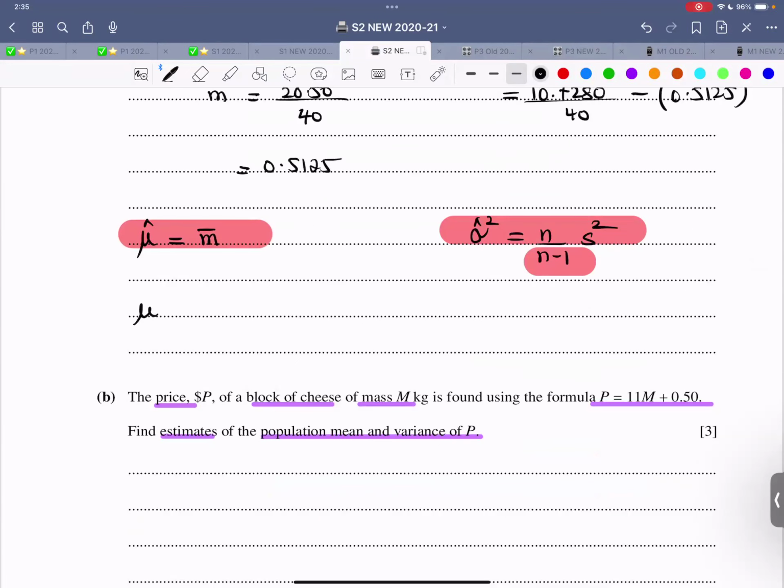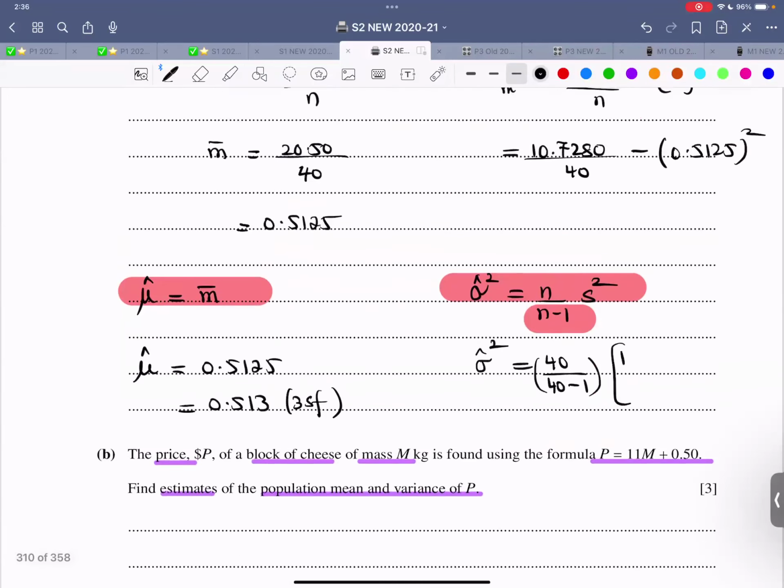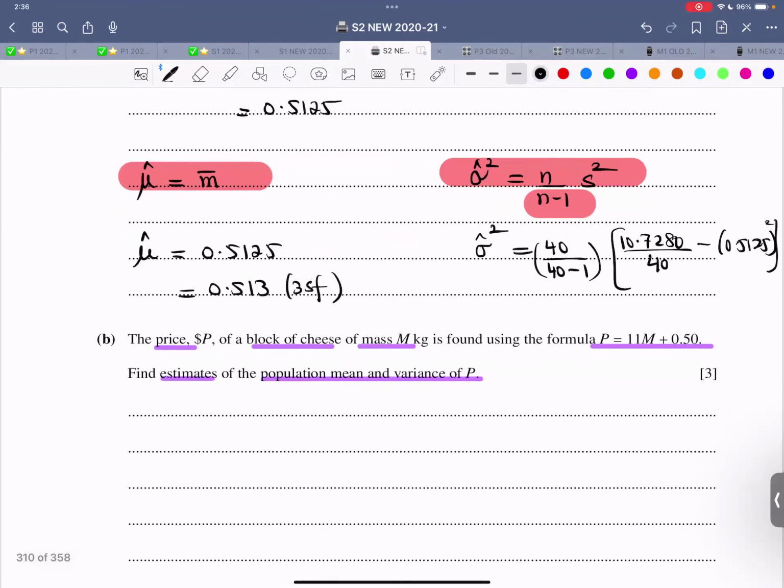Now over here, the unbiased estimate of population mean is the same thing as the sample mean. Let me simplify it: 0.513 correct to 3 SF. And over here, the unbiased estimate of population variance is 40 over 40 minus 1, multiplying with this thing over here. Just write it down. This is 10.7280 over 40 minus 0.5125 squared, close the bracket.